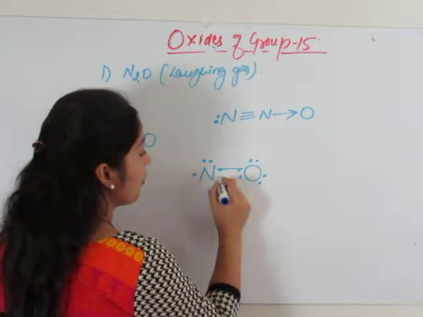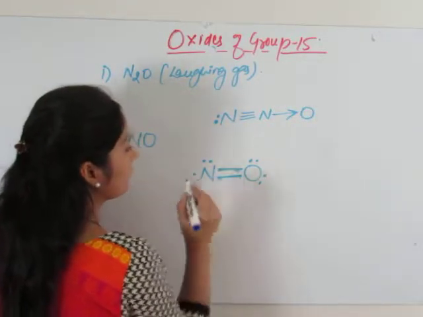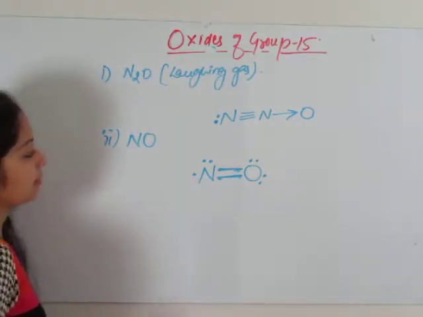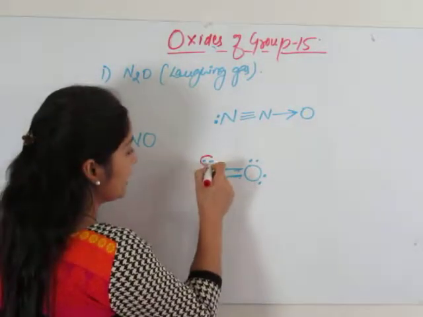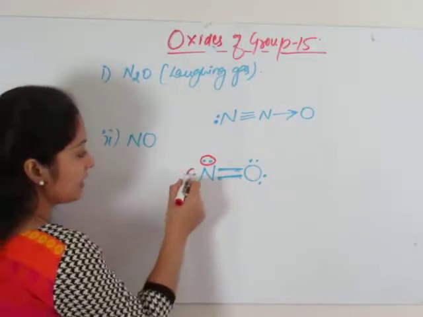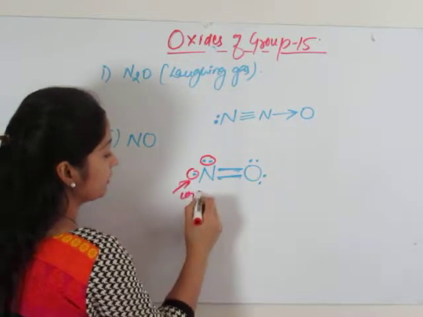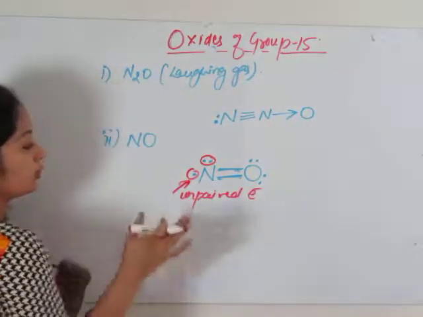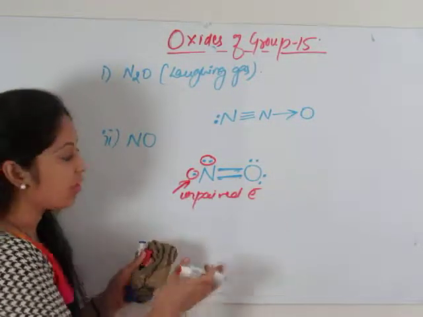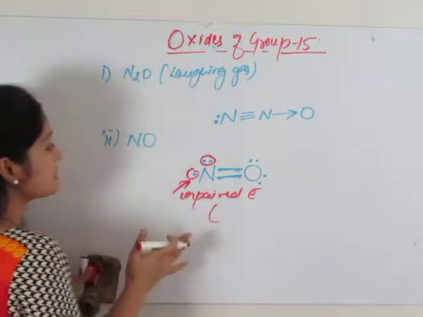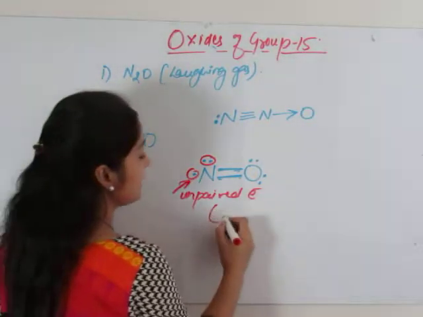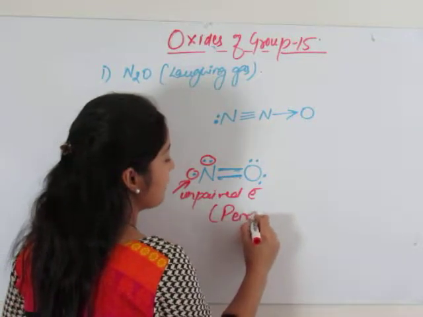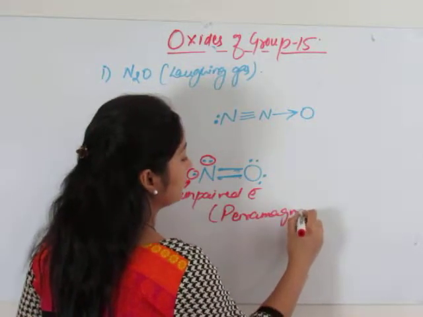So these will form bond, NO, right? और इस केस में आपके पास ये इलेक्ट्रॉन्स पेयर में प्रेजेंट हैं and here it is an unpaired electron present. So due to this unpaired electron in gaseous state, nitric oxide exists, or we can say it is paramagnetic.